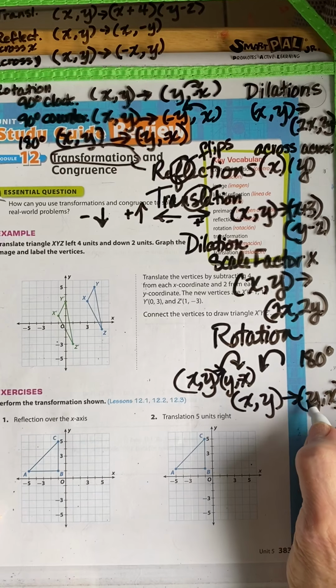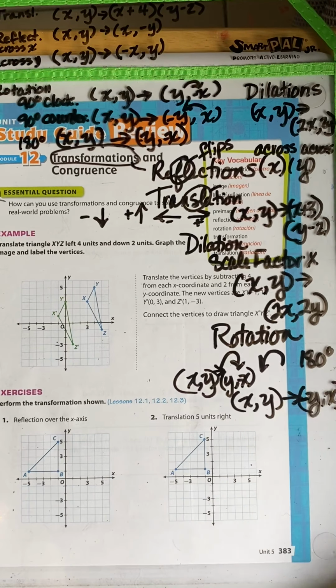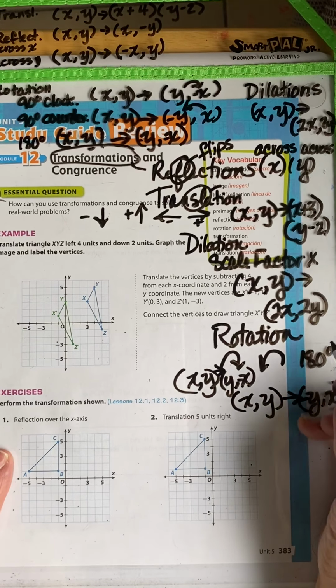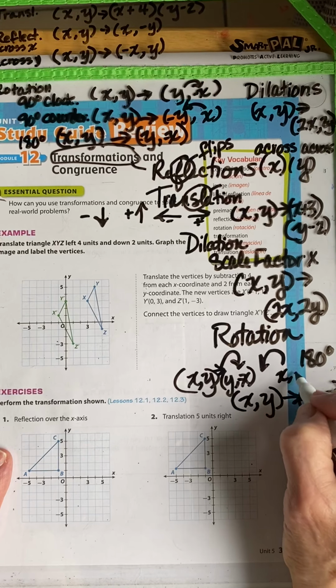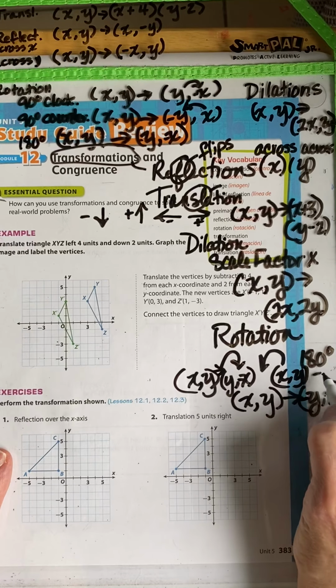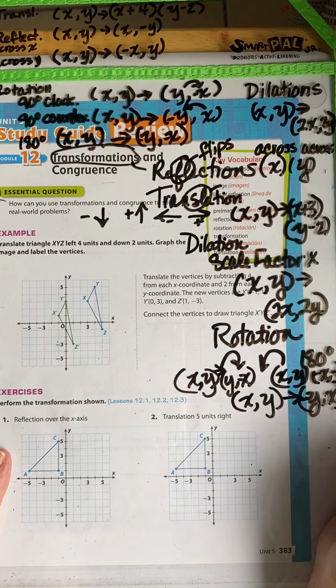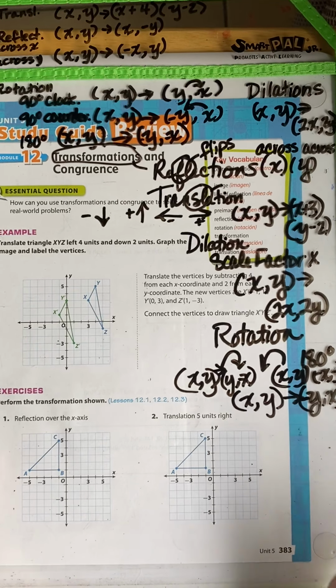This Y for counterclockwise. Okay? So that's fun, easy, and good. Oh, and for 180, they both change. (X, Y) just turns to (negative X, negative Y). Good.